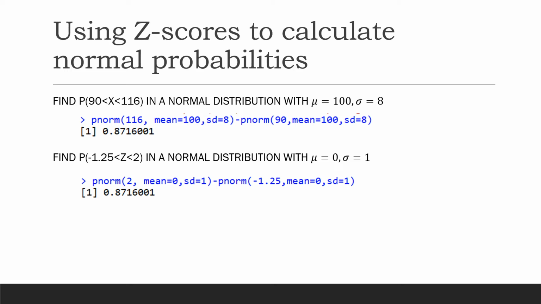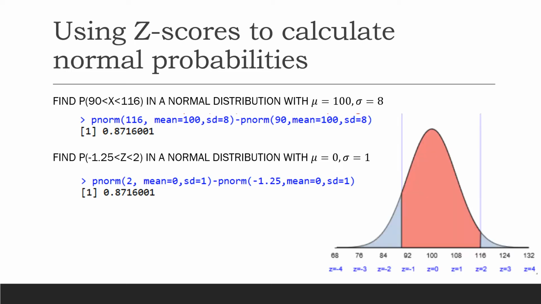And we can see that we get the same probability here. So essentially, this happens because in all normal distributions, if we want to know the area between two values, the only thing we need to know is how many standard deviations those values are from the mean.